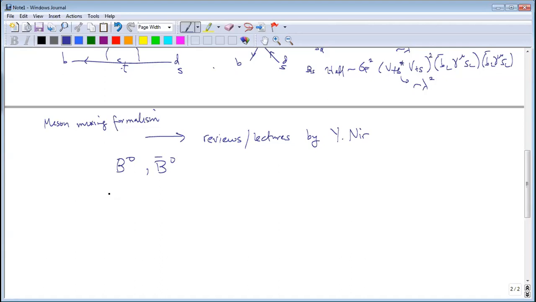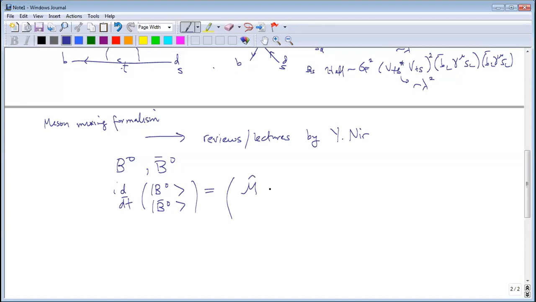And so how one defines the evolution of these and their mixing is you basically write down a Schrodinger type equation. Let's make them in ket form, so they're really functions of time. When I talked about the kaons, I talked about a 2x2 matrix that encoded the fact that the kaons could mix through the weak interactions.